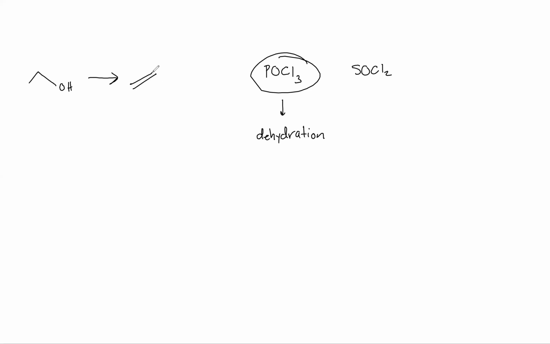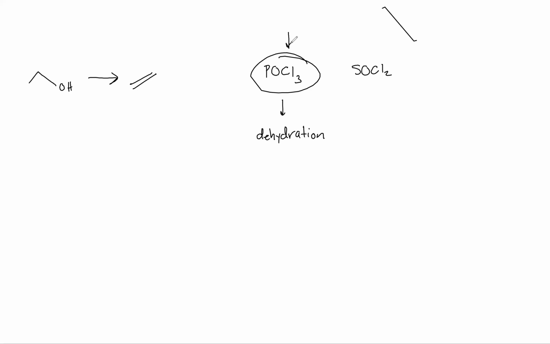So what's important here is to always differentiate between POCl3 and SOCl2. I don't think POCl3 is going to be on your test because I don't think we go over it. It's not listed in the topics, but I did want to give you a note about it because if you go on to Orgo 2 and they start talking about POCl3, now you know that it's going to cause an alcohol to undergo dehydration.